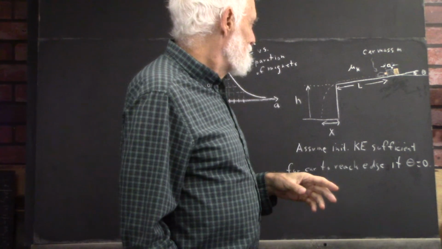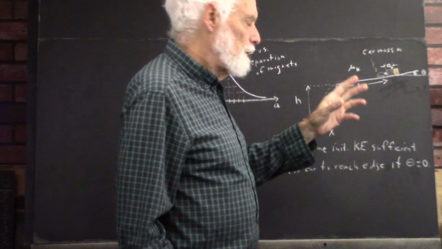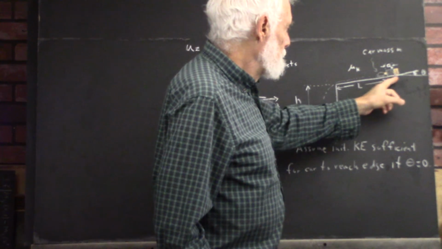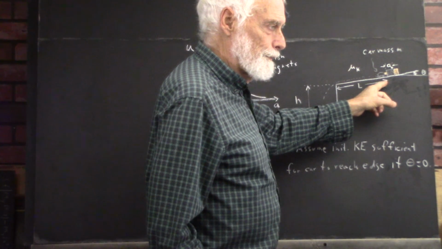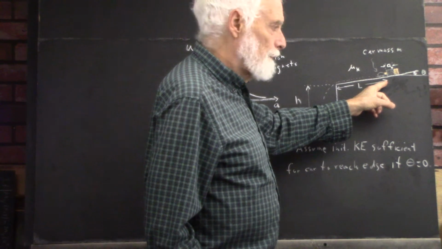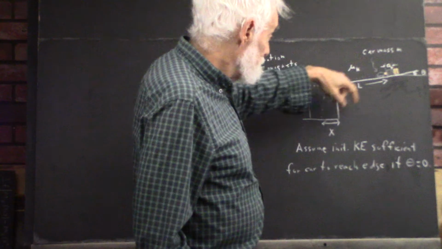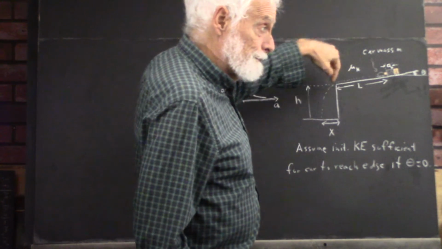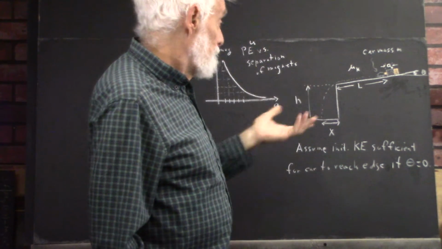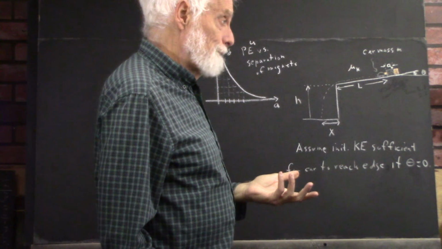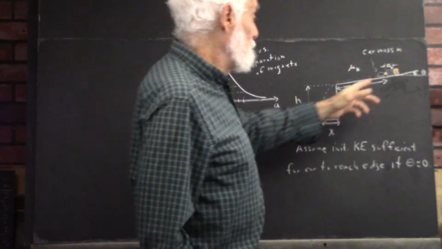So think about it. What can we determine if we know the potential energy of this system, this magnet system? Well, that's going to give us some information about how fast the car is going to be going, if we know the mass of the car. I haven't said that we know the mass of the car.